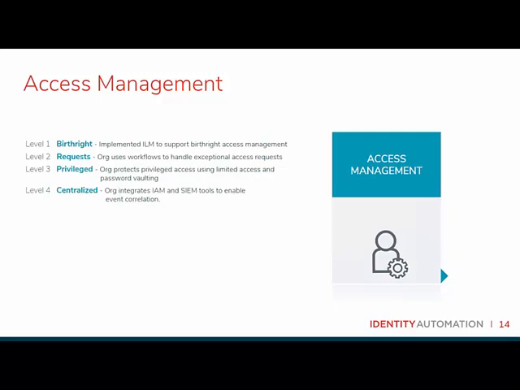So if somebody moves to a different role or department or a location, and those things have an impact on access, those things are addressed as well. And then the offboarding piece as well. And then one that a lot of people tend to forget is perhaps there's a rebirth into the organization. Maybe they come back to work for an organization again. So what access do we give them?